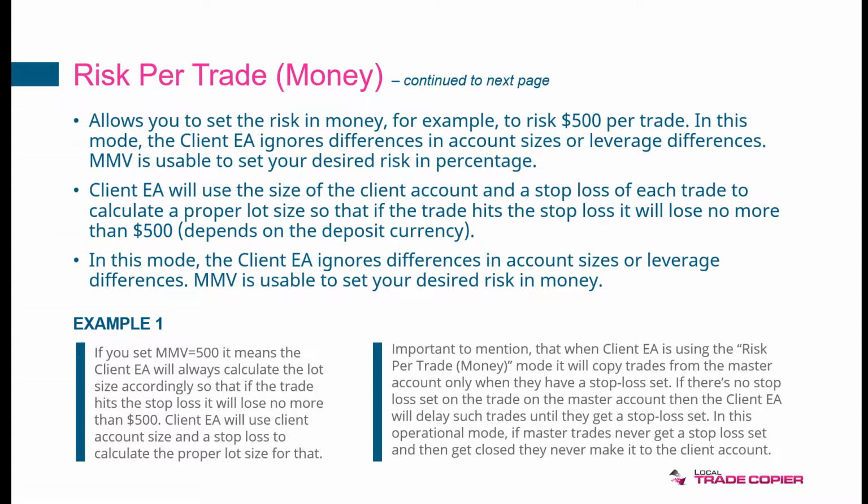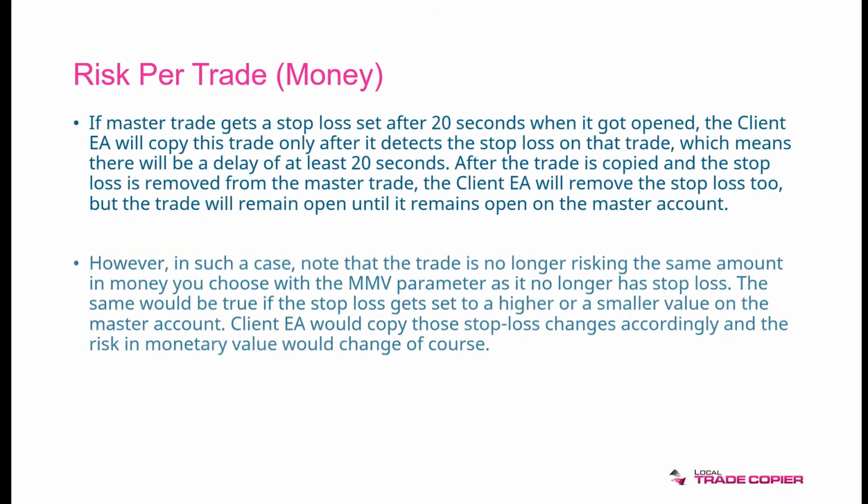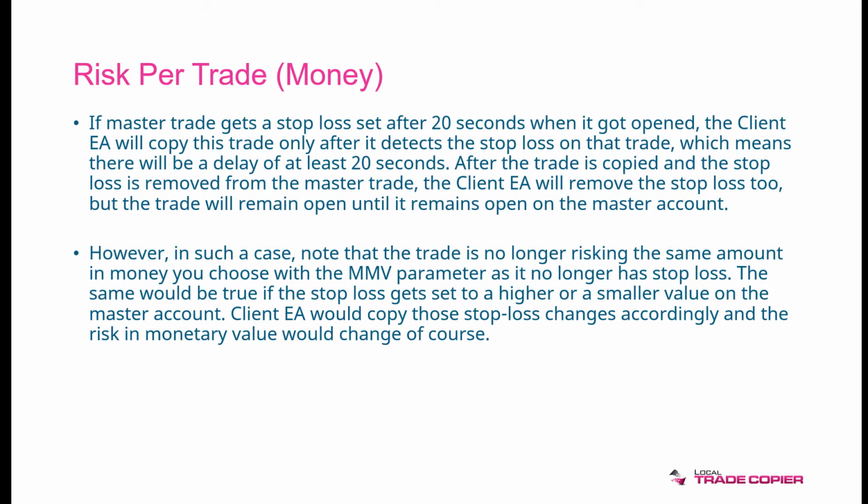So in this operational mode, if the master trades never get a stop loss set and then get closed, they never make it to the client account. It's the same as with risk percentage. We need a stop loss in order to do the right calculations of what lot size the client EA has to use.